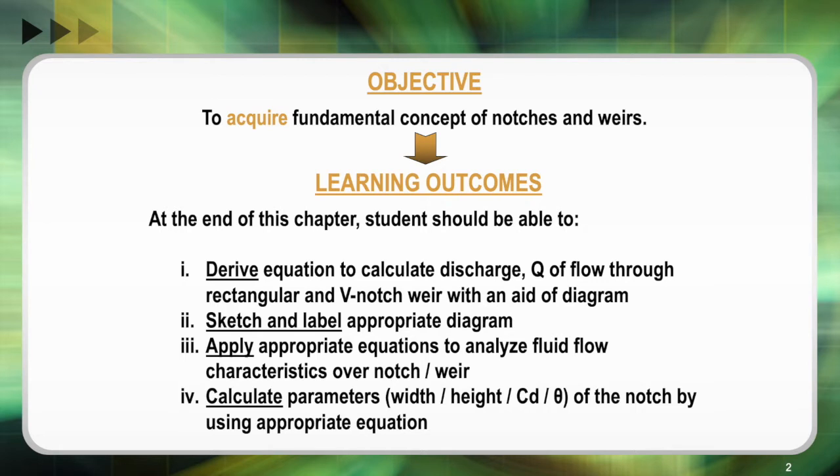After the end of this chapter, you can sketch and label an appropriate diagram based on the question. Number 3, apply appropriate equations to analyze fluid flow characteristics over a notch and weir. The last one is to calculate parameters such as height, CD or theta of the notch by using appropriate diagrams. So it is based on the question given.